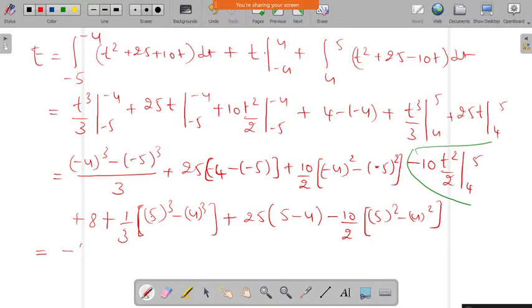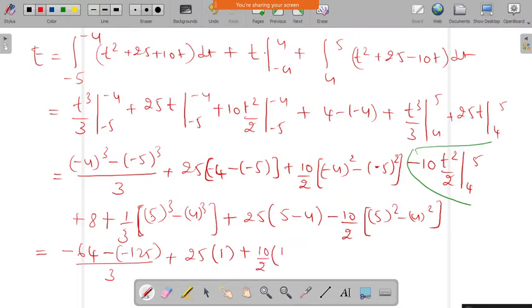So it is minus 64 and then minus, so again here it is minus 125, divided by 3, plus 25 into, so minus 4 and minus of -5 is plus 5, so plus 5 minus 4 is plus 1, so it will give 1, and then 10 by 2, let it be as it is.